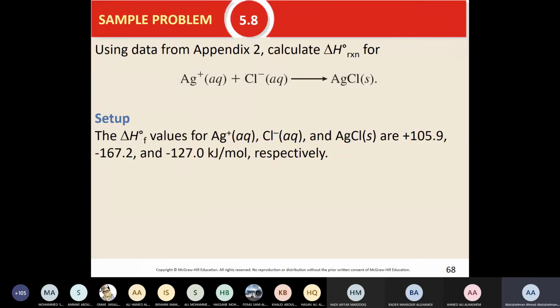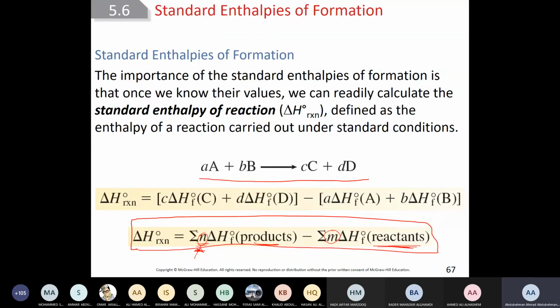For example, if I have this reaction, and I give you the heat of formation of Ag, the heat of formation of AgCl, and the other species, they are minus 105.9, minus 167.2, and minus 127.0. Don't forget that delta H of reaction is equal to the products as they are, but for the reactants, what do you do?